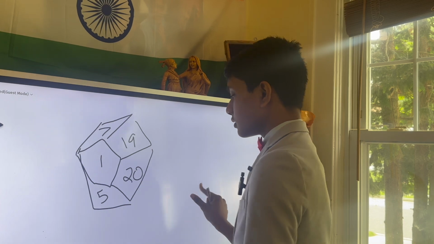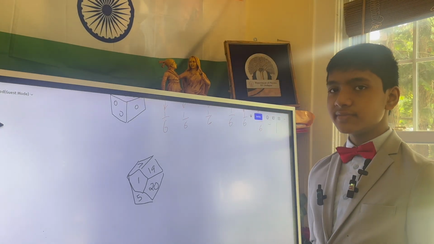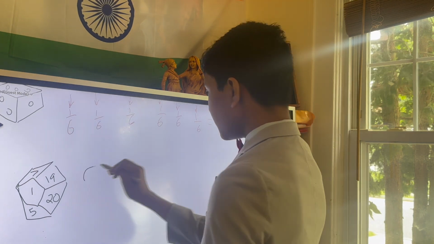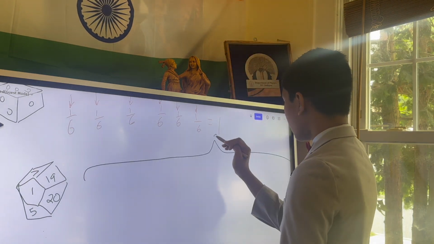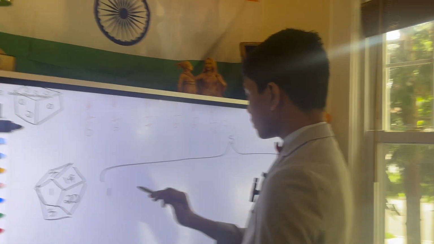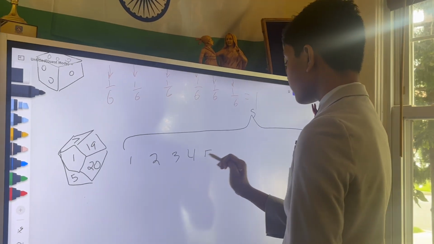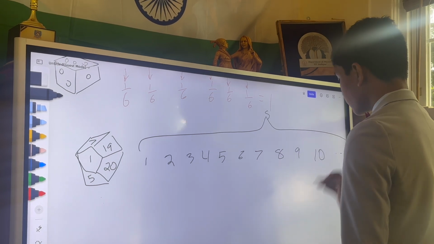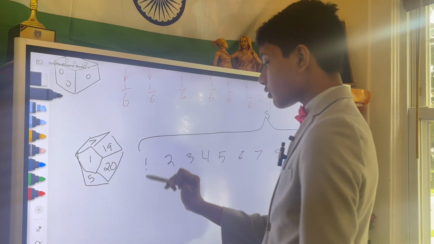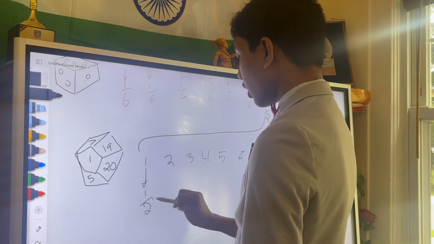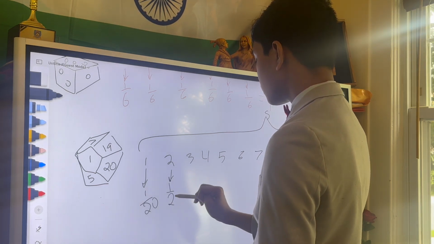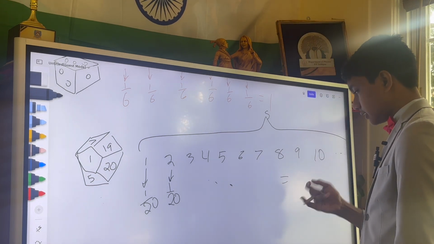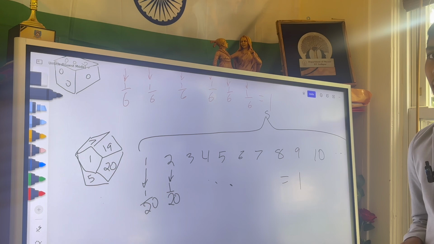Well, the sample space now contains a lot more elements: 1, 2, 3, 4, 5, 6, 7, 8, 9, 10, and so on and so forth. Each of them is prescribed a 1/20th probability, until the sum of all of them is 1.